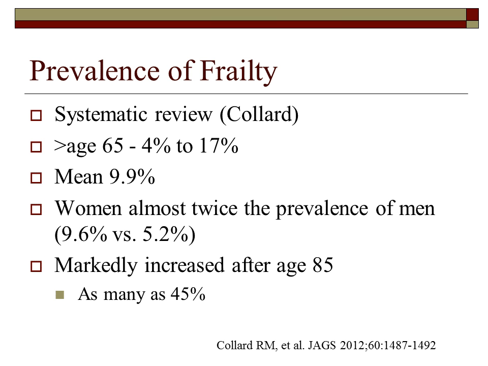And the prevalence was almost twice as high in women as it was in men. And importantly, it markedly increased after age 85, with as many as 45% of people meeting criteria for frailty using one scale or another.